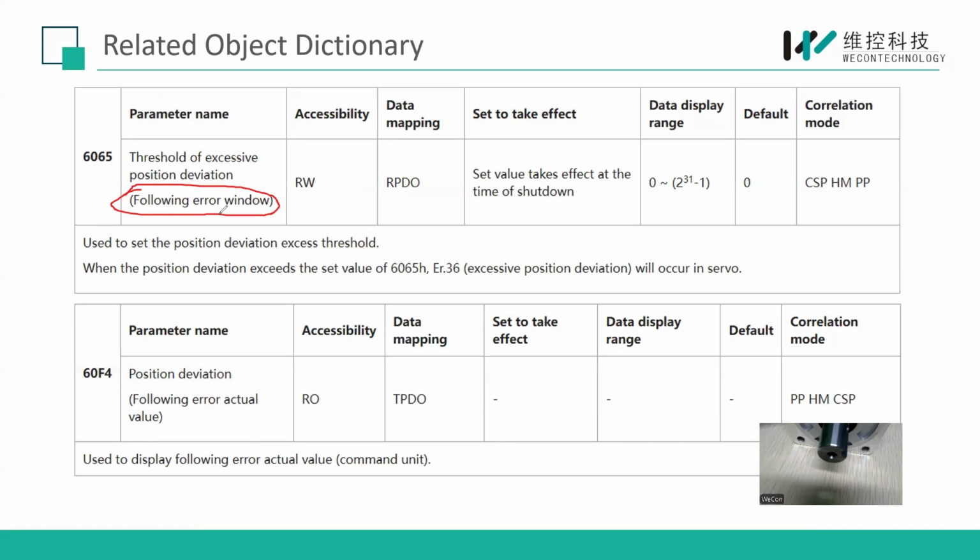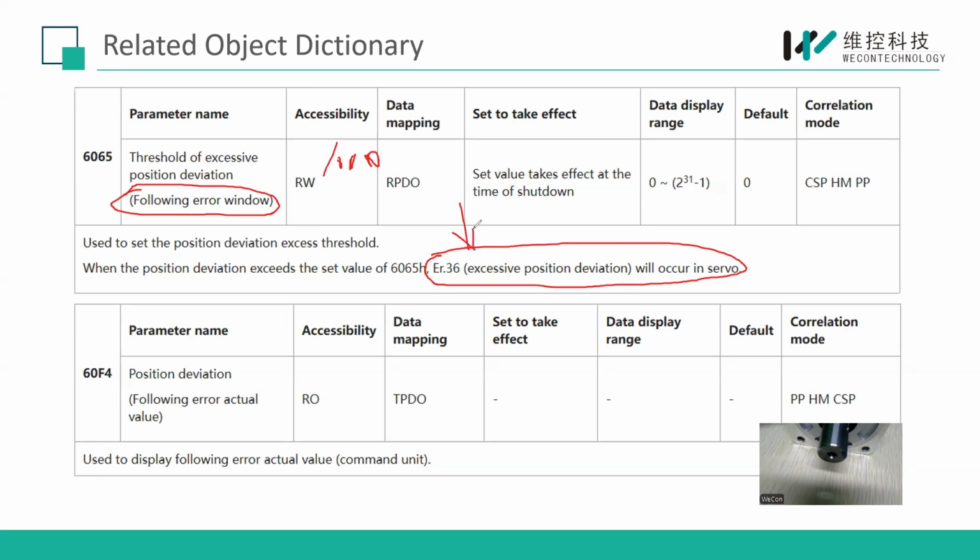monitor the following error. For example, if we set this following error as 1000, and when the position error between actual position and the target position is bigger than 1000, then our driver will report this error 36. When will this error appear?